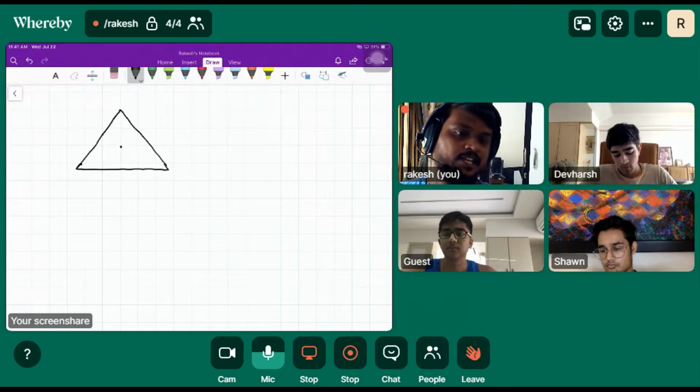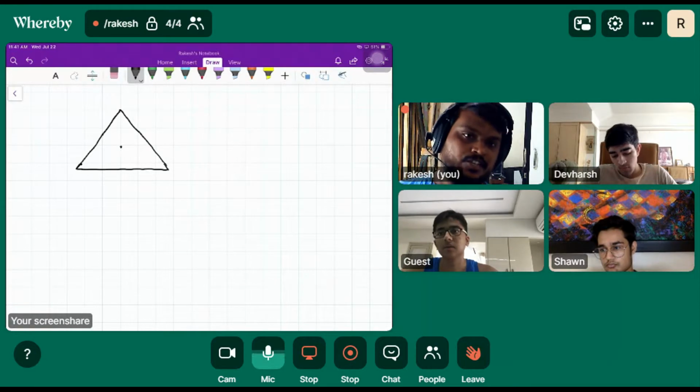So the question was very simple: can we say the center of mass is the same as the center of any geometrical figure like this?